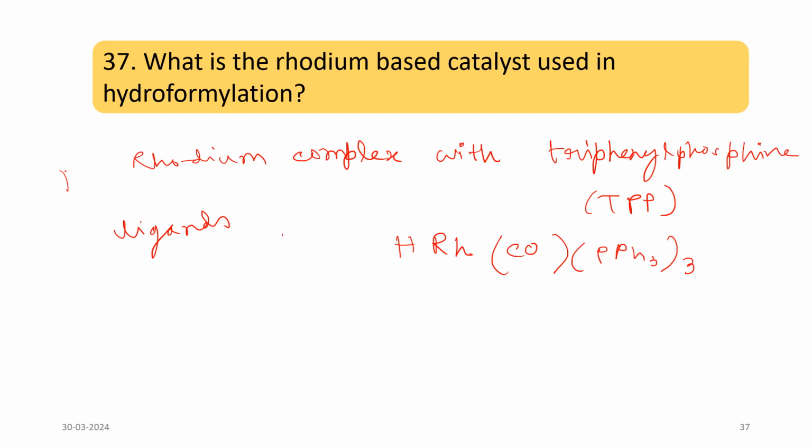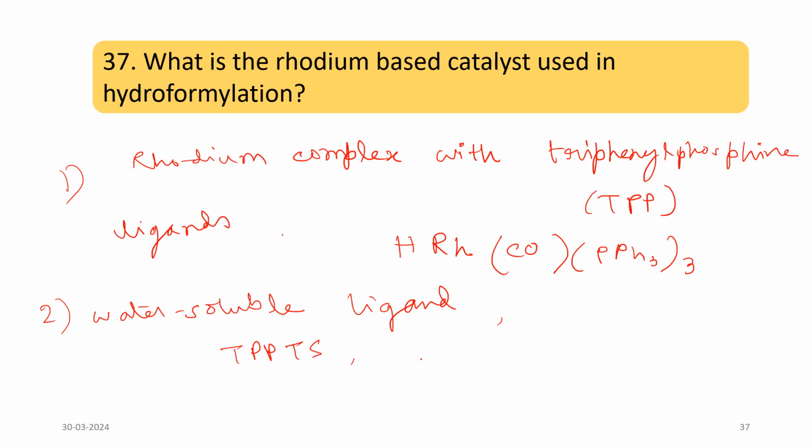This is the first one, and the second one is the water soluble ligand, TPPTS. Here the rhodium complexes with TPP ligands, and the ligand is water soluble.